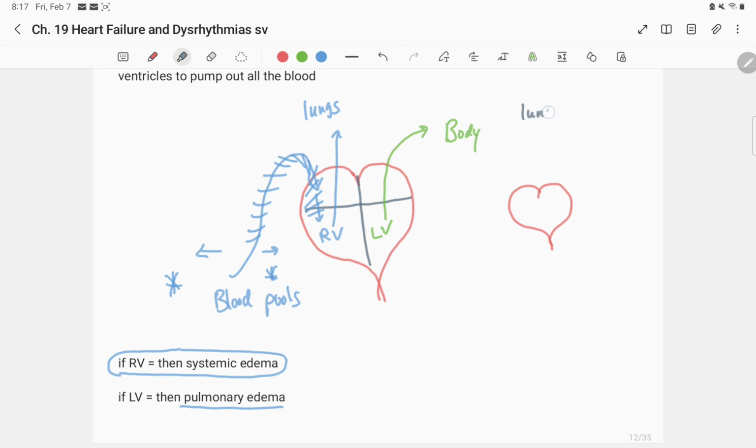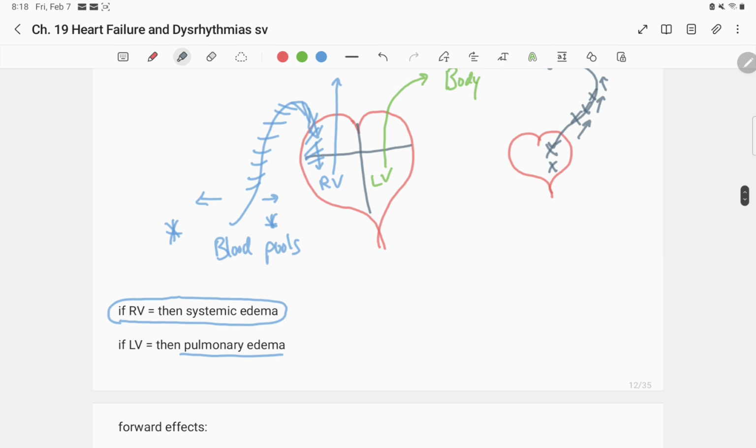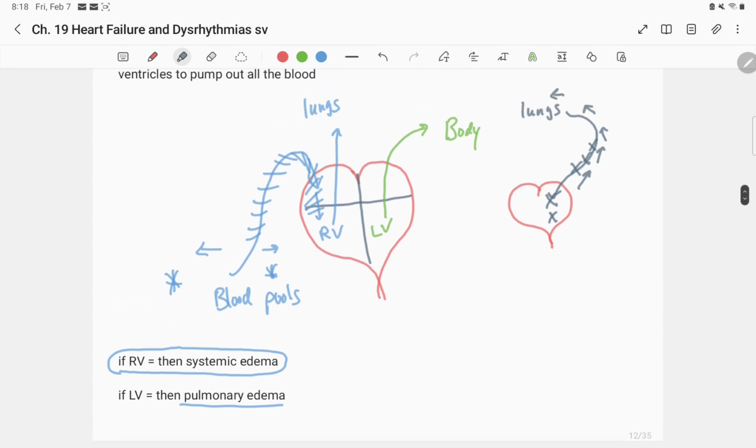The lungs send blood to the heart, and if blood is not getting in to the heart because the left ventricle is damaged, then you get backup. So that means the lungs are going to get all plugged up. Okay, so pulmonary edema.